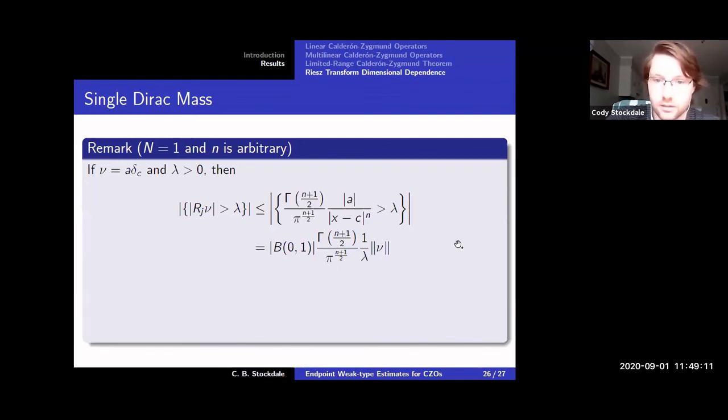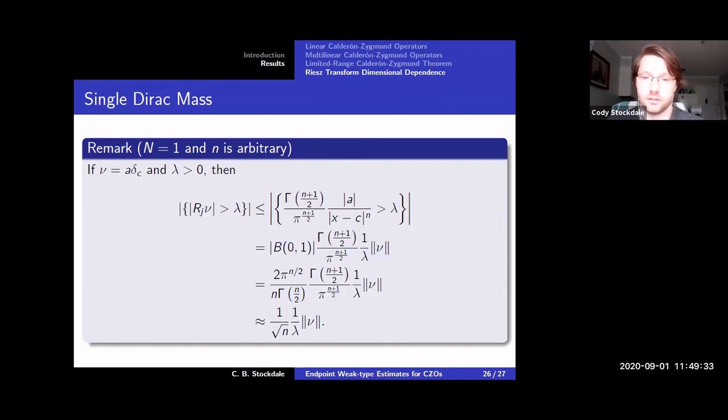Okay, and then you can compute what the volume of the unit ball in Rn will be. So that's all that's being done here. And it's given by this expression that looks like gamma functions and pi's involving n. And then using Stirling approximations, we can get the asymptotics of this expression. It actually looks like 1 over square root of n times 1 over lambda times the total variation of nu.